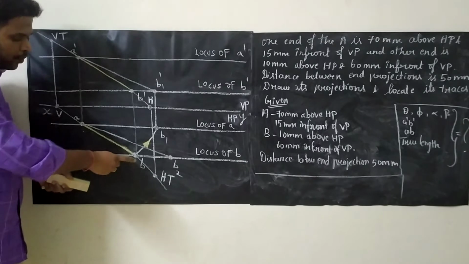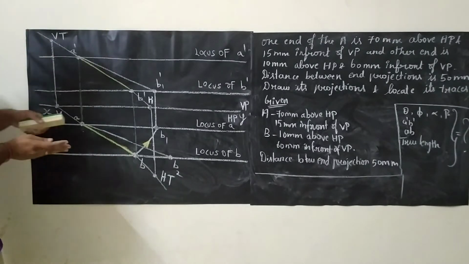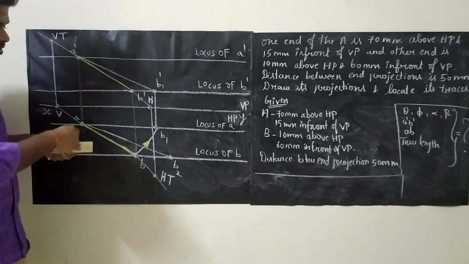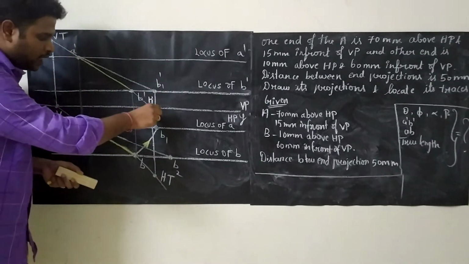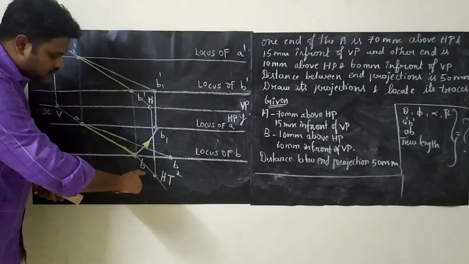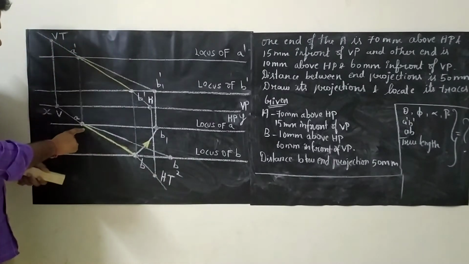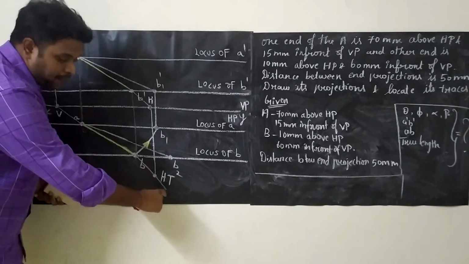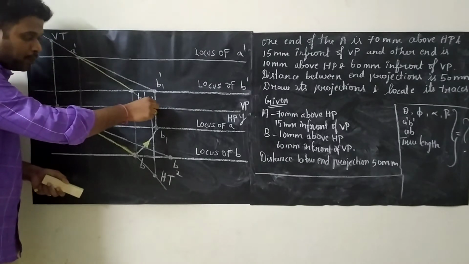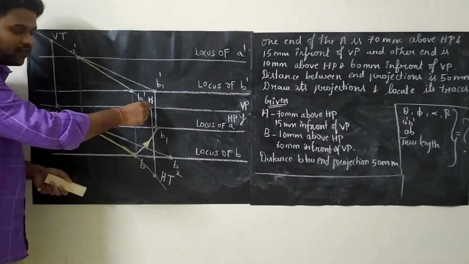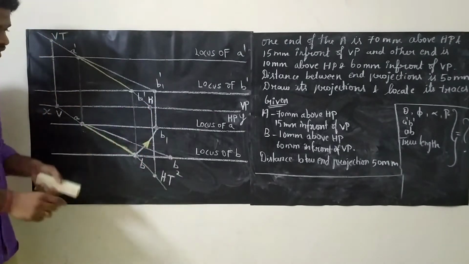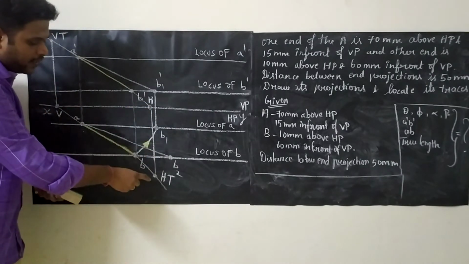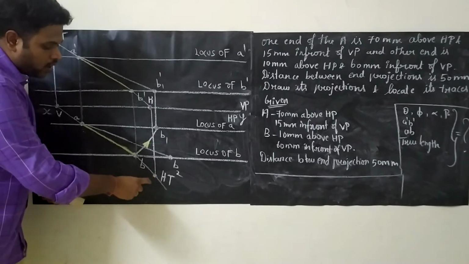Since the top view is a little on the front side, we have to extend the top view some distance backwards. Try to extend the AB line to some extent backward and draw a vertical line from this point H downwards in such a way that these two lines meet at one point, and that point is called the horizontal trace.